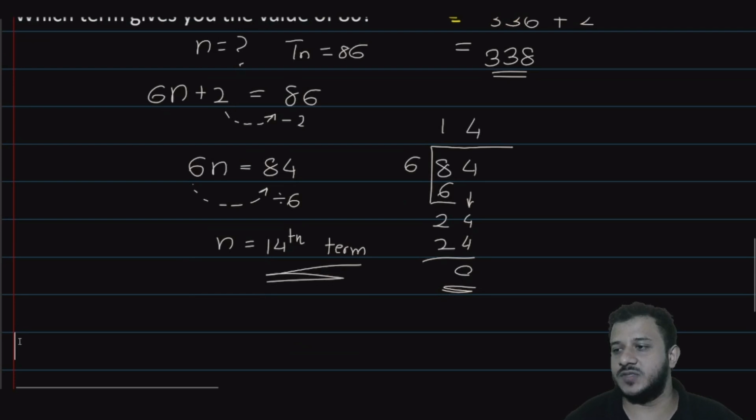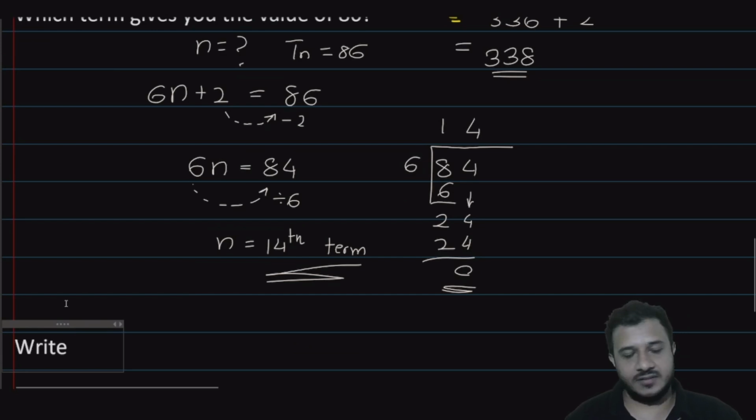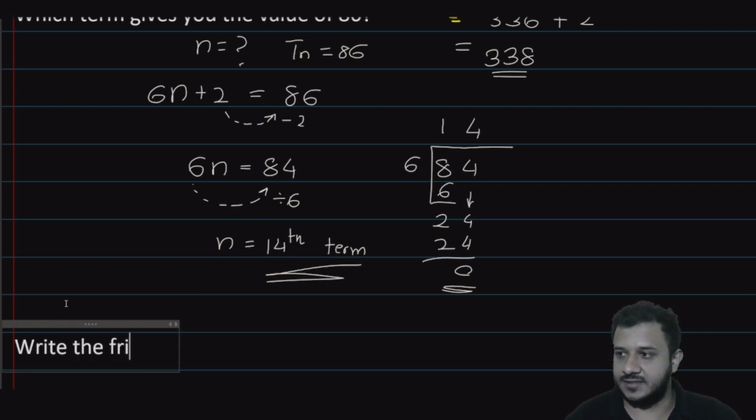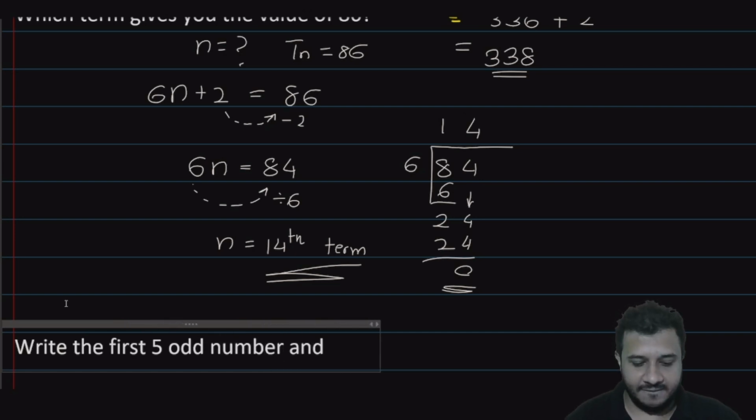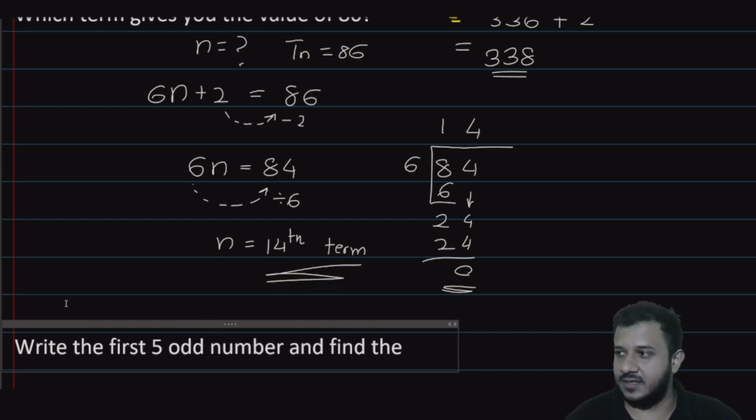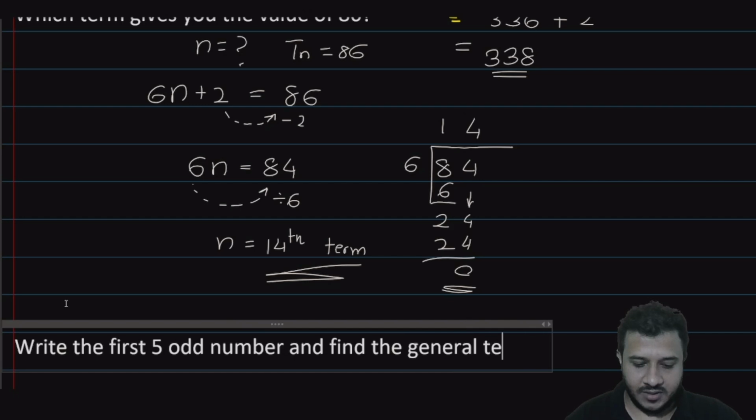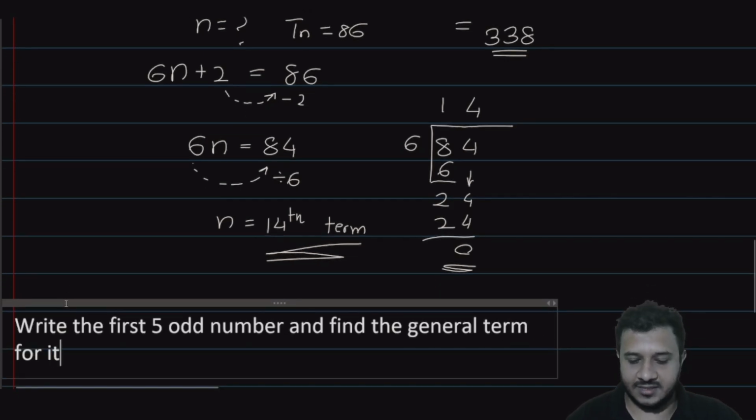Then let's go to a small question. Now this is a kind of structured type of question. Write the first 5 odd numbers and find the general term for it. That's the first question.